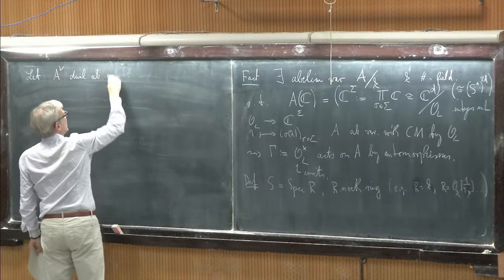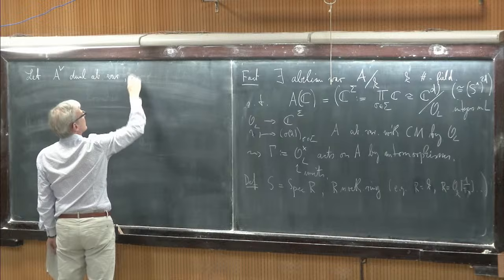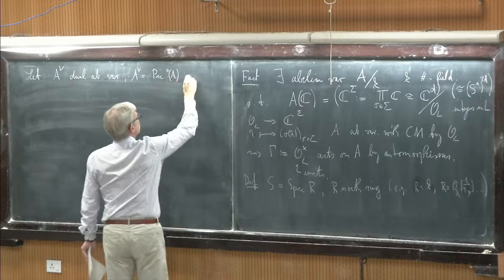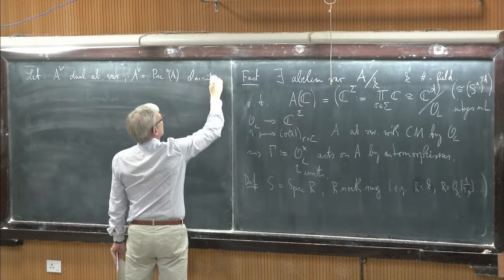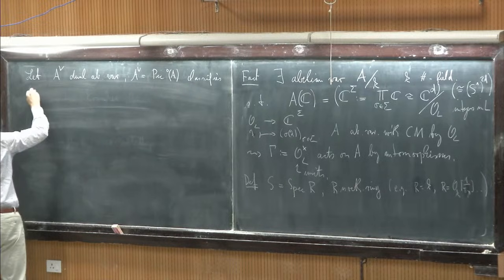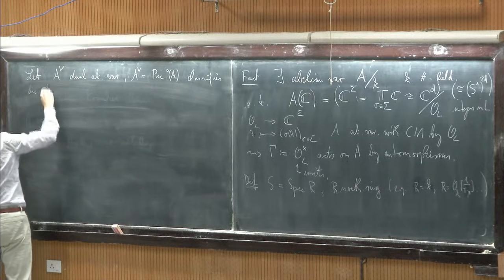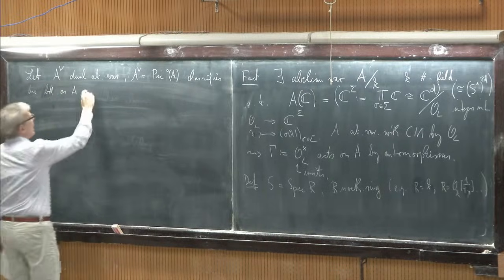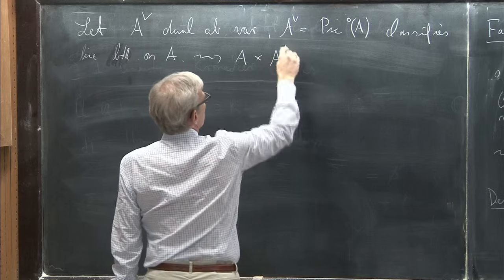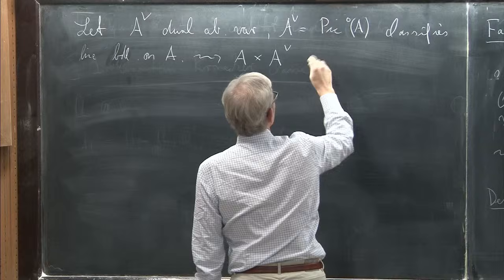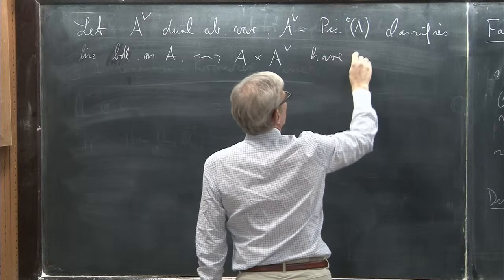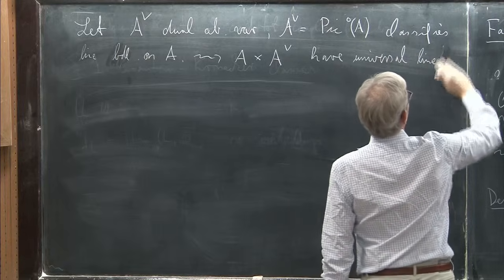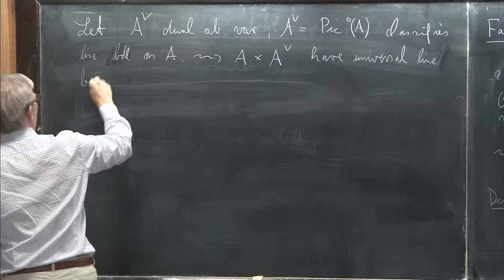And that's, of course, just the Picard variety of A, Pic^0 of A. And this classifies line bundles on A. And this means on A times A dual, I have a universal such line bundle.